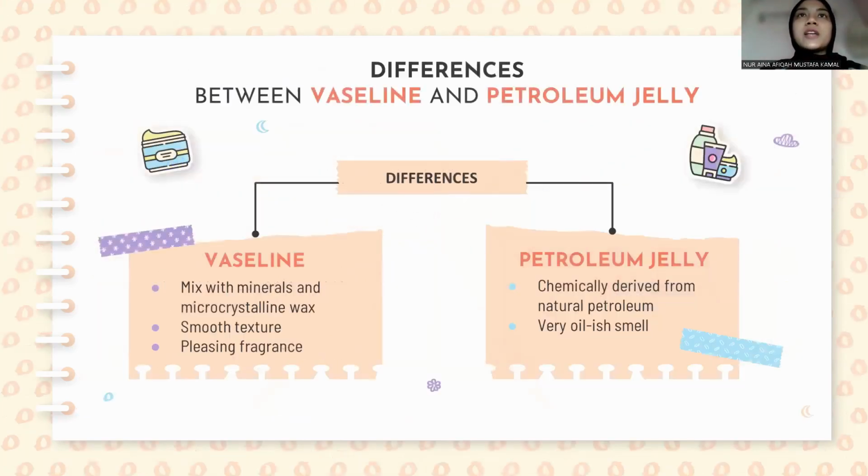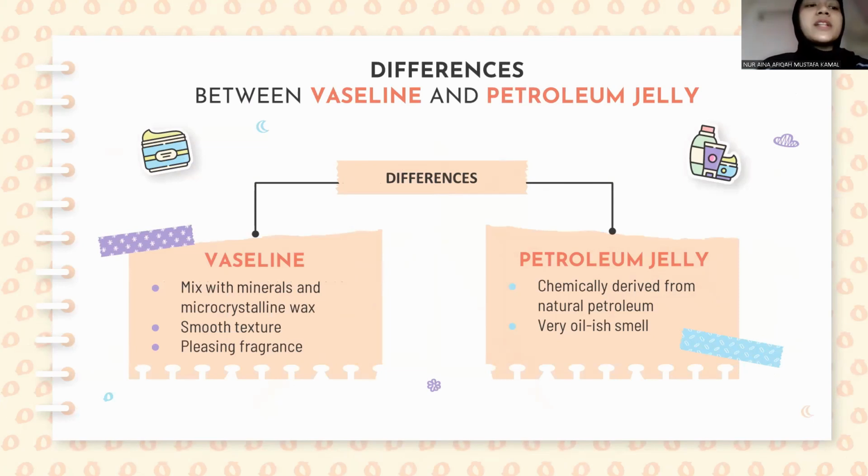So let's move on. The difference between Vaseline and petroleum jelly. Vaseline and petroleum jelly are often mistaken for being the same thing. But what people do not know is that they have distinct differences that many people are not aware of.